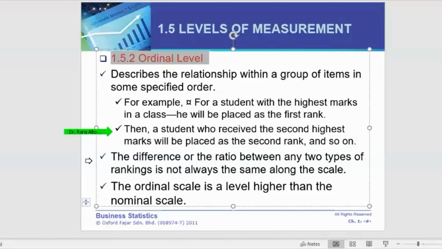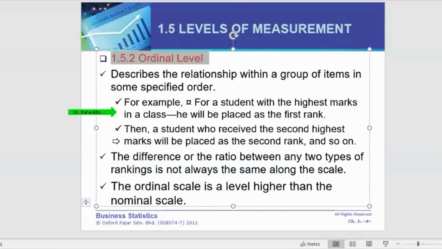Also, the difference or the ratio between any two ranks is not always the same along the scale. Let me explain again with the same example, which is students. Let's say the student who ranked first got 100 out of 100, okay? But the second student, who ranked second, got 80. Here the difference is 20 marks.